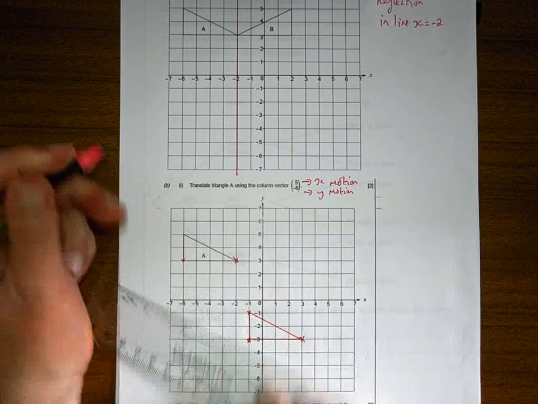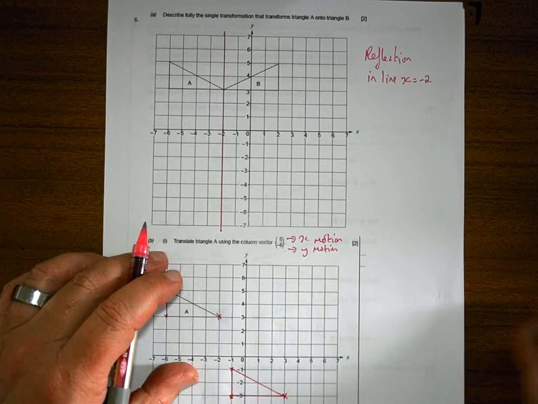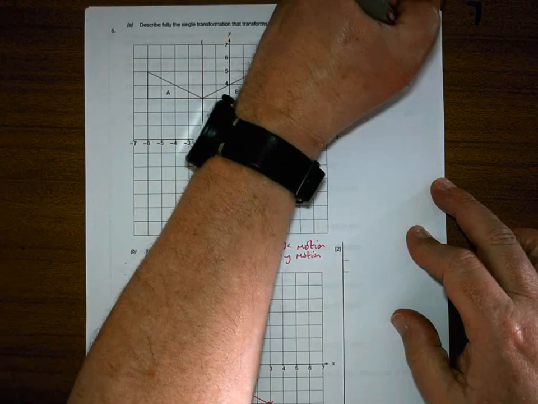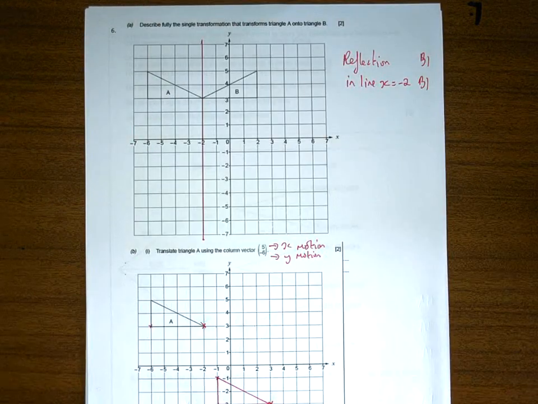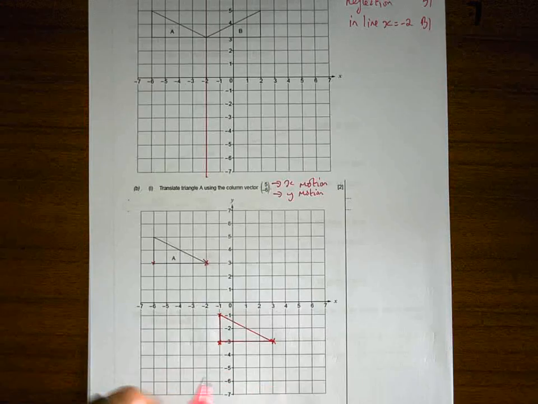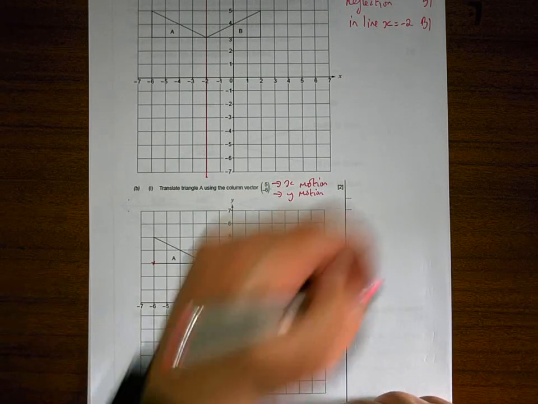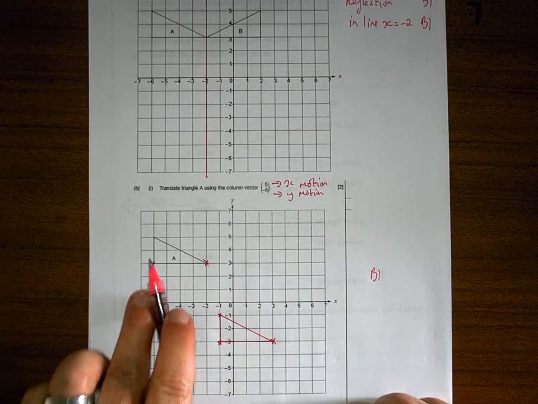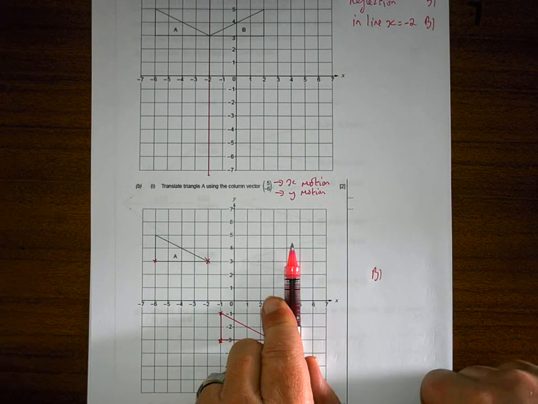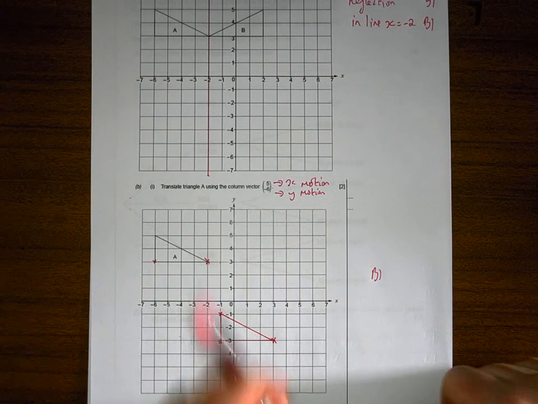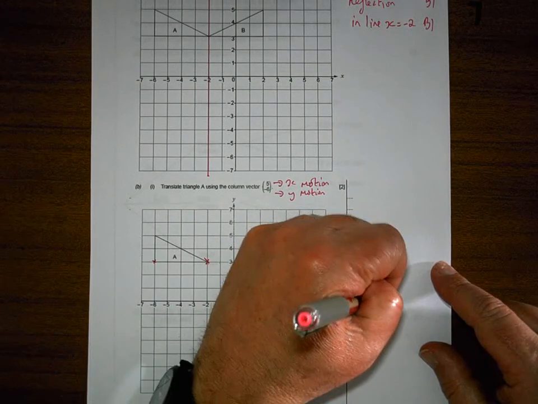So the 2 marks for that: 1 for saying reflection, 1 for saying where the mirror was. And with this one, there's 1 mark if you've moved that correctly horizontally 5 spaces, and the second mark if you've also moved it vertically downwards 6 spaces.